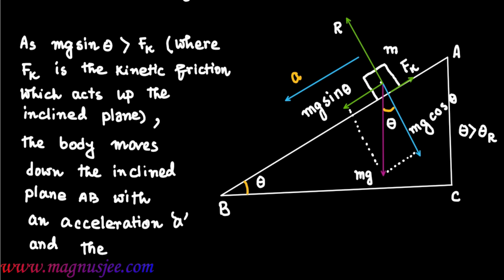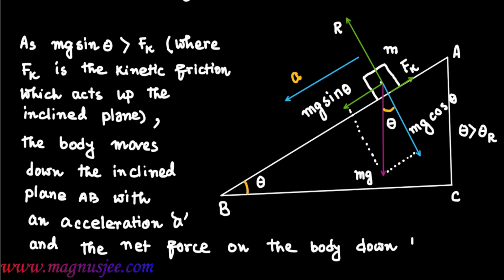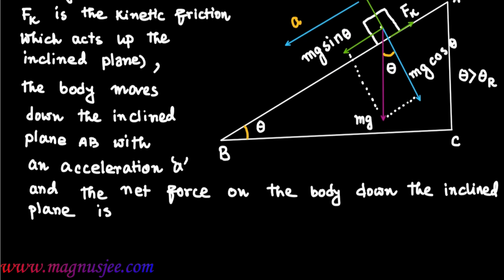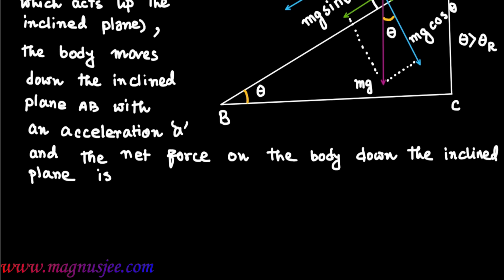The net force acting on the body down the inclined plane is F equal to mg sin theta minus Fk, because mg sin theta is greater than the kinetic friction Fk.